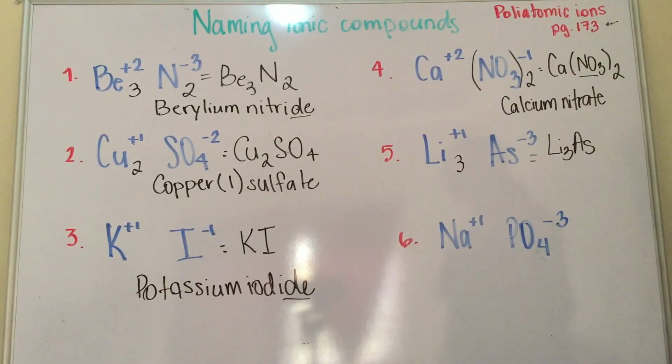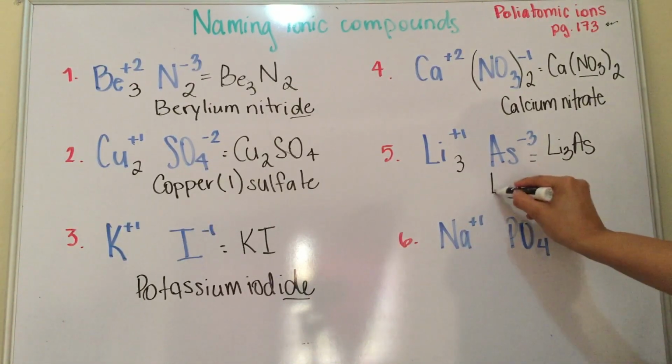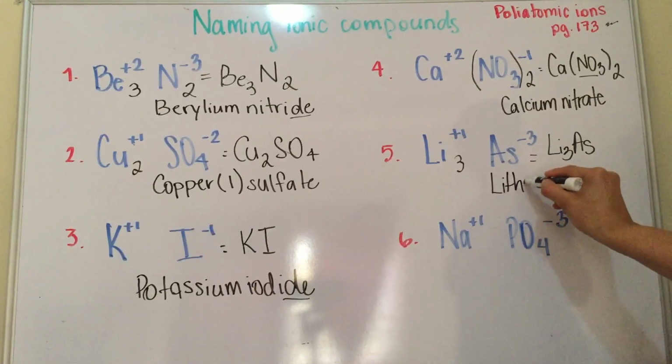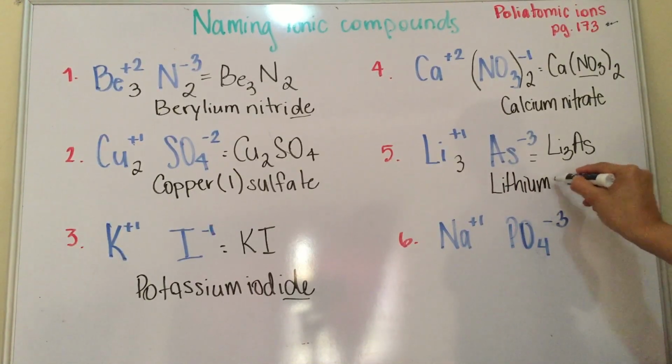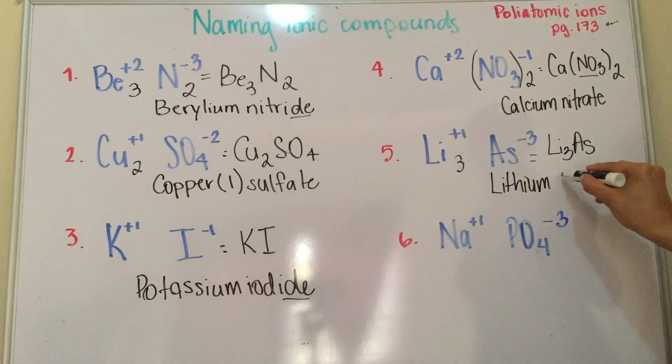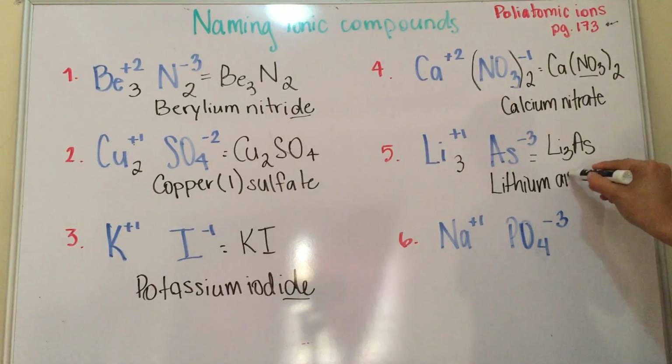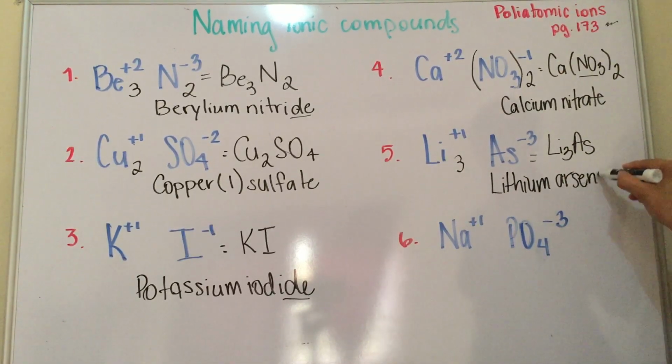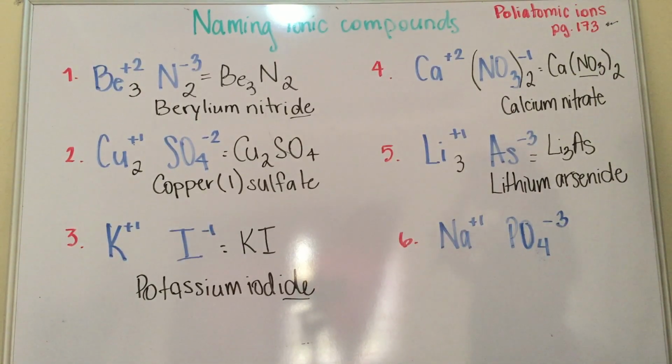My rule says that I'm going to name the metal first, so I put lithium. Then I'm going to name my nonmetal, which is arsenic, and I'm going to change the ending to "ide." So it's going to be arsenide. And that's the name of lithium and arsenic together, lithium arsenide.